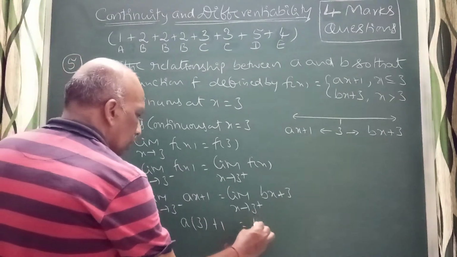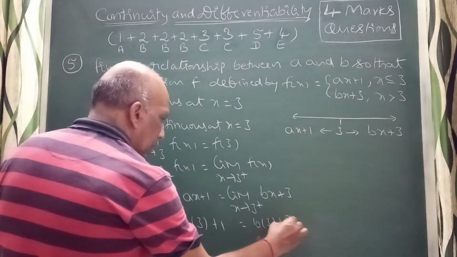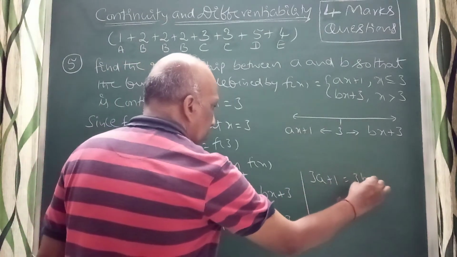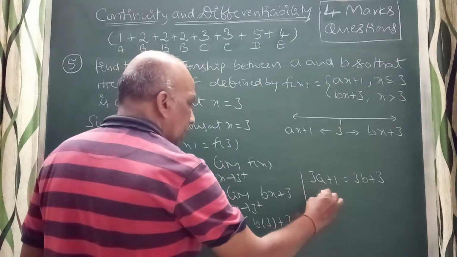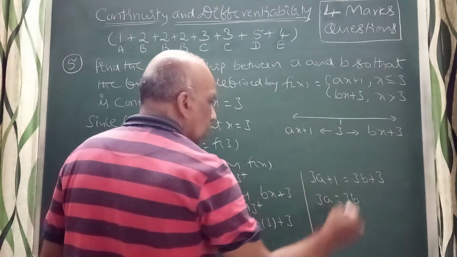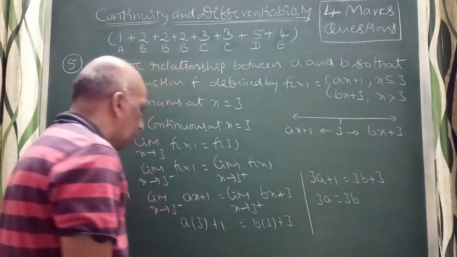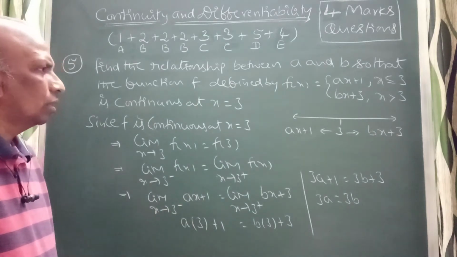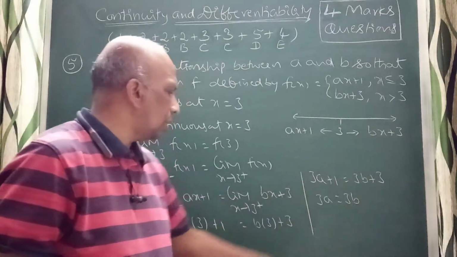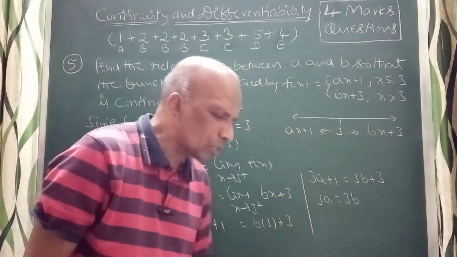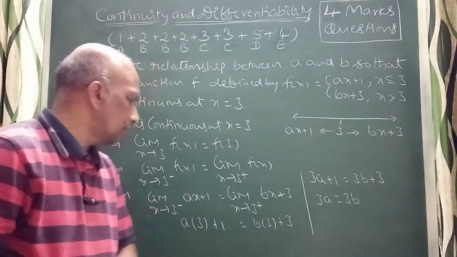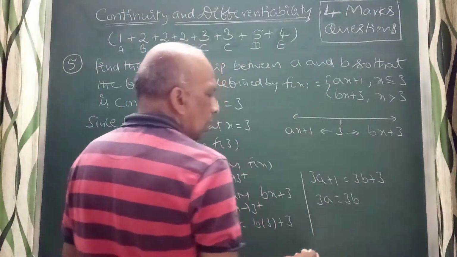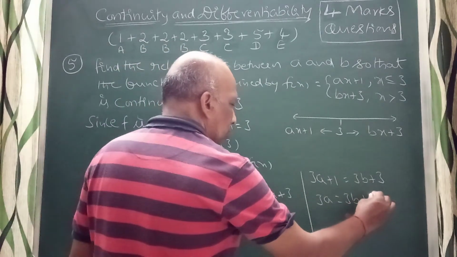Since ax plus 1 is left of 3, we get 3a plus 1, which is equal to 3b plus 3, as bx plus 3 is the right of 3. I can write 3a is equal to 3b plus 2.